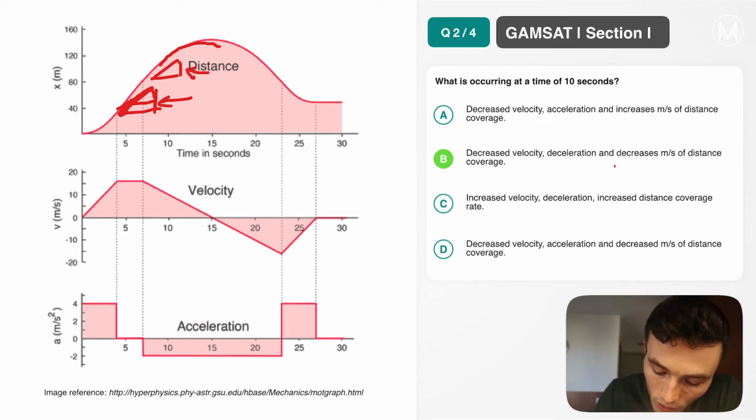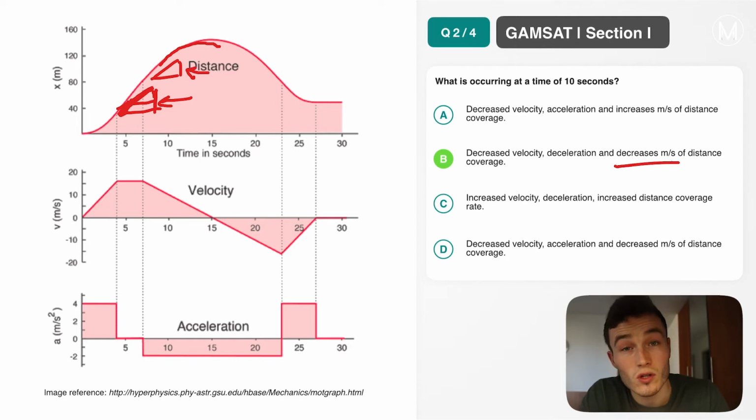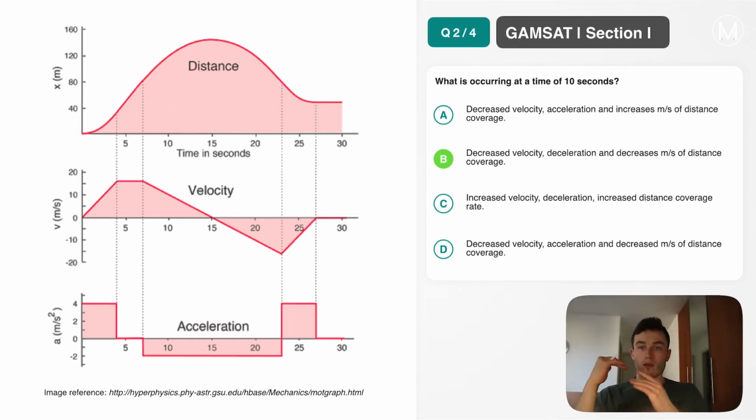And therefore we are indeed decreasing the meters per second of distance coverage per unit time. We are effectively decreasing that portion of the triangle, as you can see there. So an important side note, but even then, if we knew the first 2 concepts, we'd covered our answer.